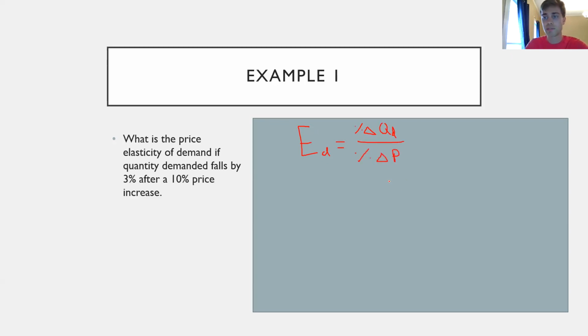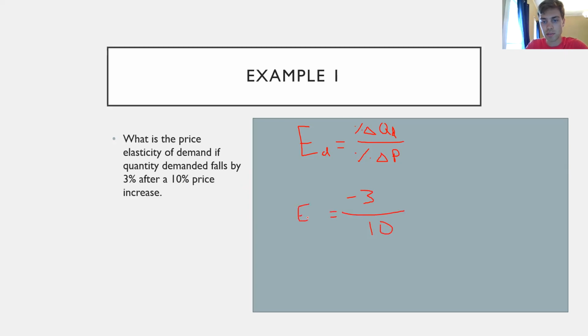That's just the formula from the last slide, and we can take these two pieces of information and solve. The percent change in quantity demanded is -3, and on the bottom we have a 10% price increase, so that will be 10.